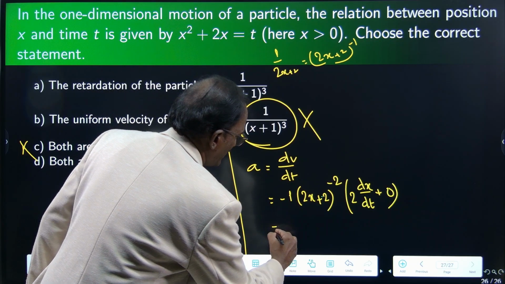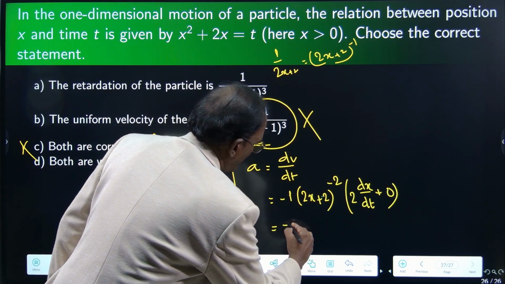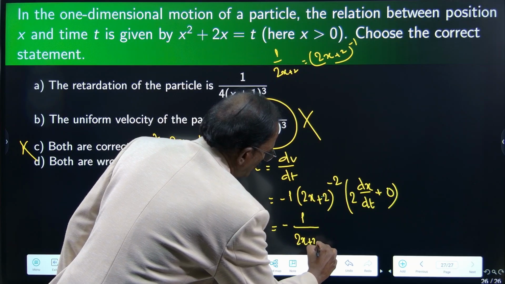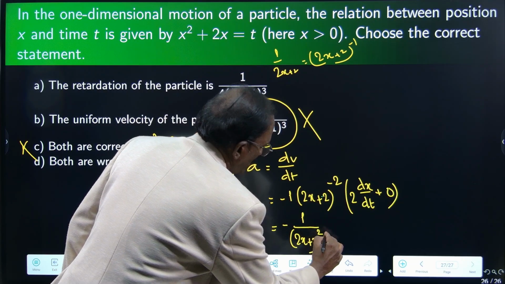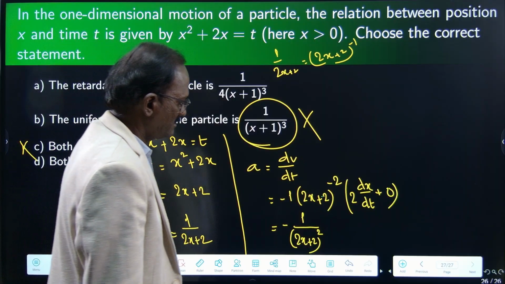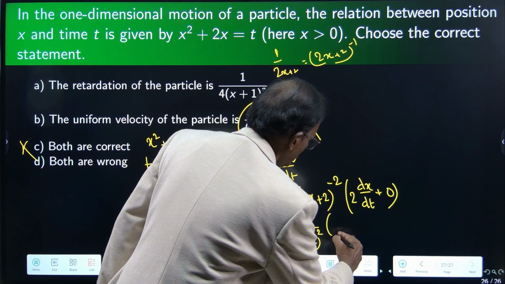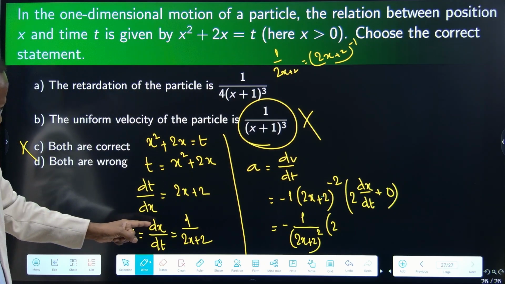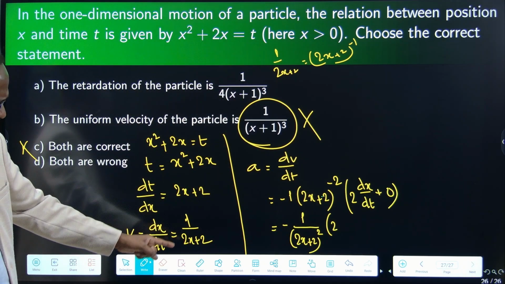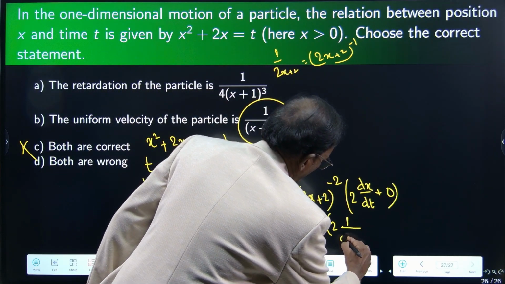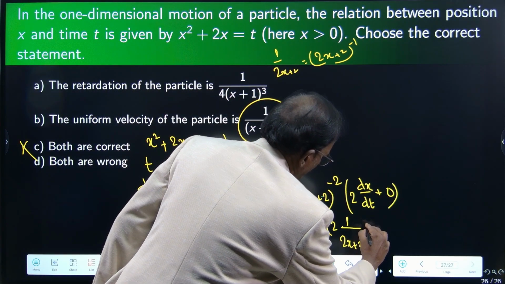Let me write it as minus 1 divided by (2x + 2)². The minus 2 power comes as plus 2 in the denominator. Then it is 2 times velocity. dx by dt is nothing but our velocity, that is 1 divided by (2x + 2).